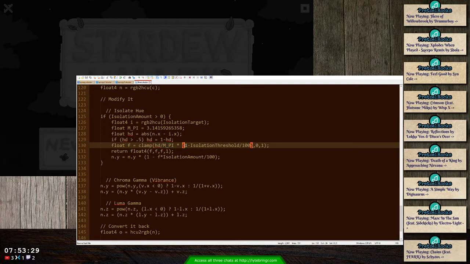Oh, because it can never get the whole way the way this is set up. Okay. I still think it should be division. Which doesn't seem to make any change.